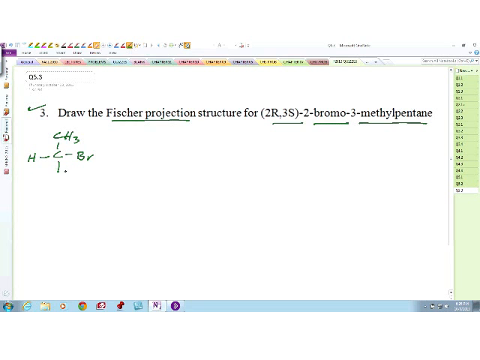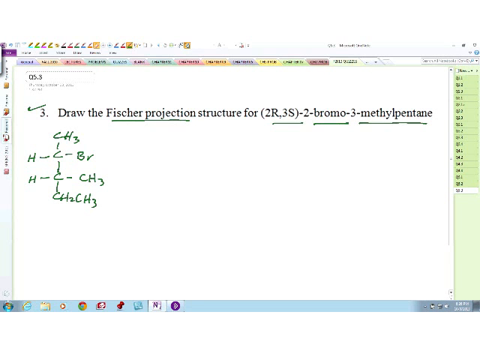On carbon number 3, you have a methyl group, then hydrogen here. Then you make up the difference with 2 other carbon atoms, which will be your ethyl group, because you have 5 carbons in the longest chain. That will be 2-bromo-3-methylpentane. Now the question is, is this the right molecule you are supposed to draw?